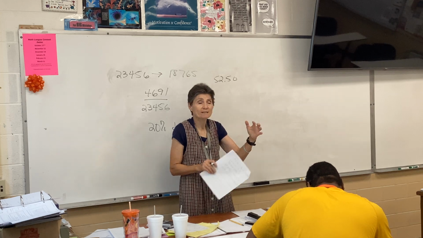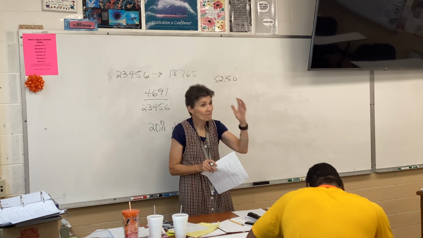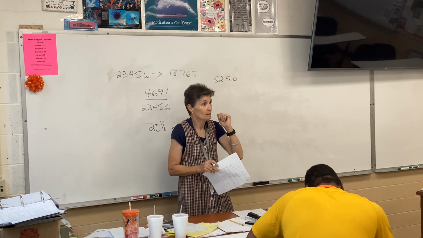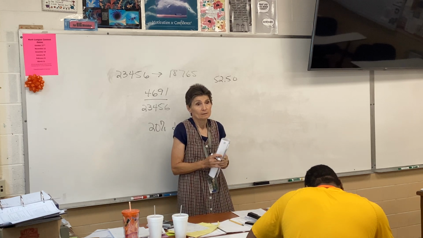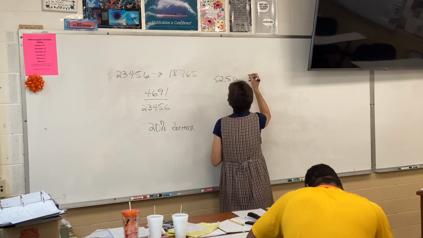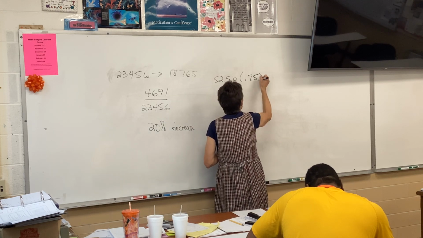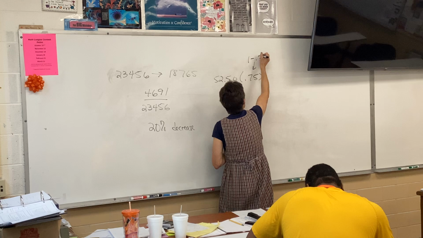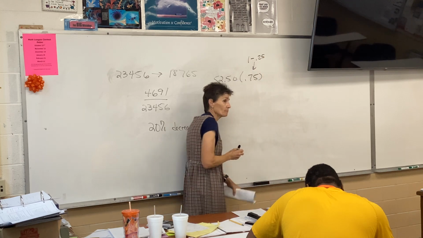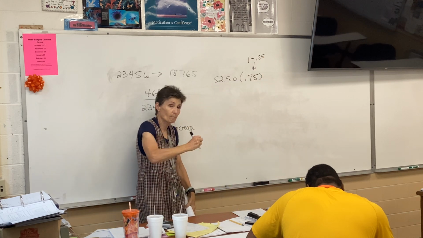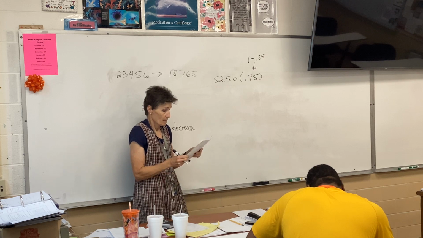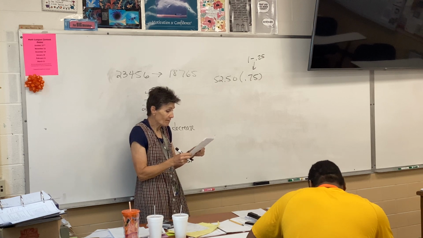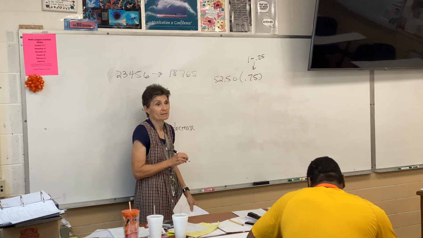So let me say this once again. I have a 25% discount. What am I multiplying by? 0.75. That is 1 minus the 25, because discounts come off. There's a 7% sales tax.